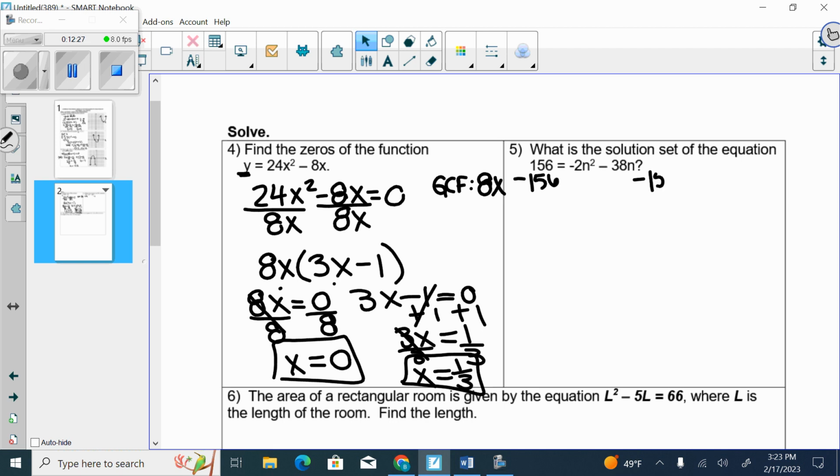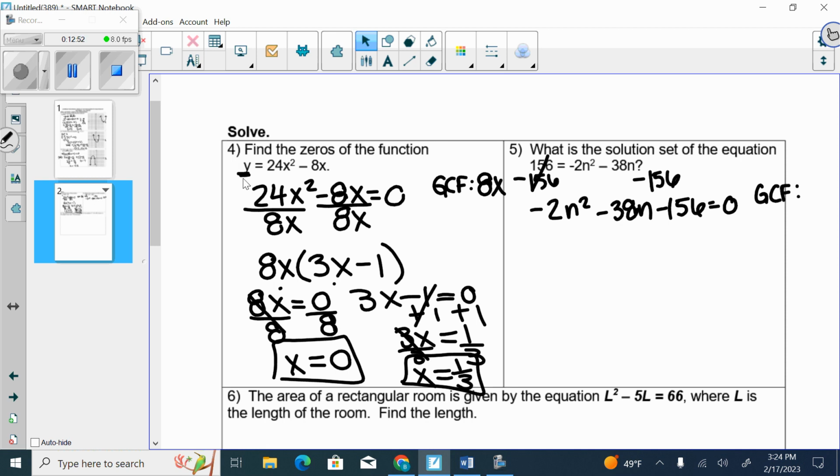So I subtract 156 from both sides, so now that's gone. I've got negative 2n squared minus 38n minus 156 is now equal to 0. We got it all on the same side. Okay, so now we factor. I'll look for a GCF.